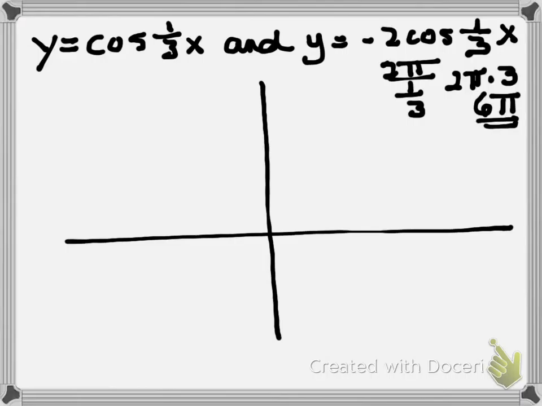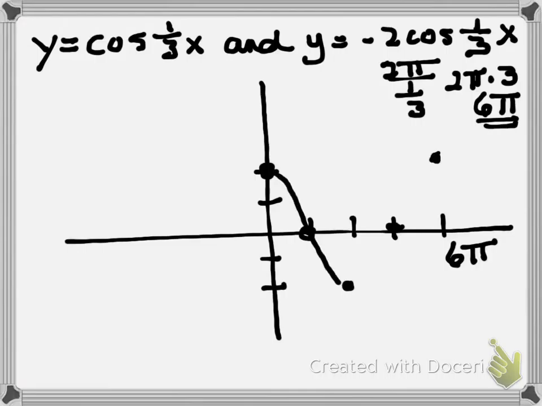So I could just divide it into 4 parts here, ending at 6 pi. And the first one has an amplitude of 1. So it's going to go from 1 to 0 to -1 to 0 to 6 pi. Because you're only seeing 1/3 of it finished by 2 pi.